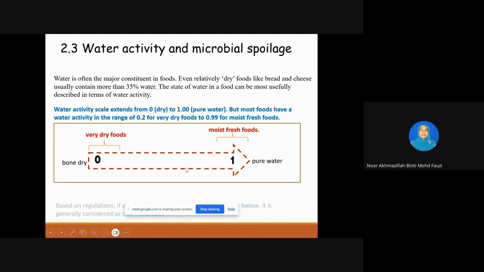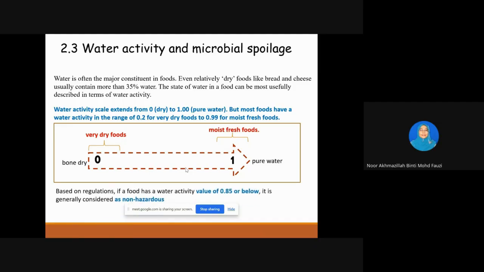This is a very general rule. Based on regulation, if a food has a water activity value of 0.85 or below, it is generally considered non-hazardous. It is important to remember that foods with water activity below 0.85 can be considered non-hazardous, but 0.9 and above we consider hazardous.